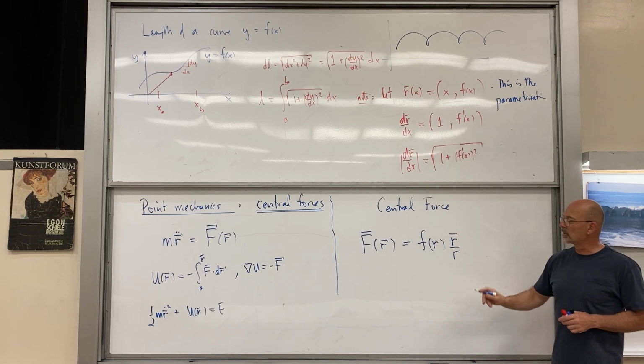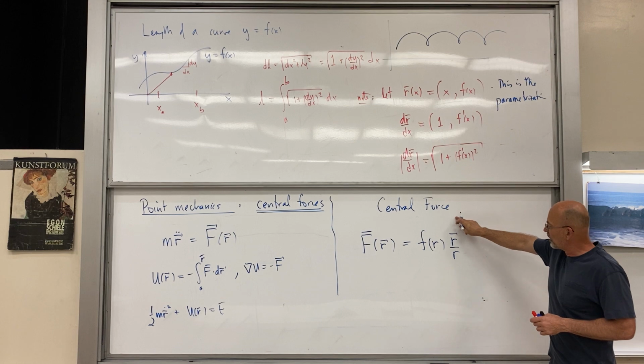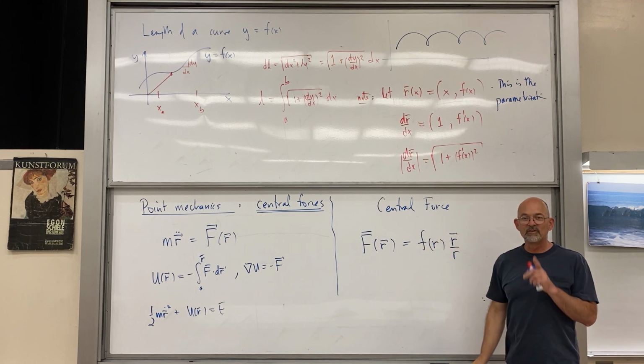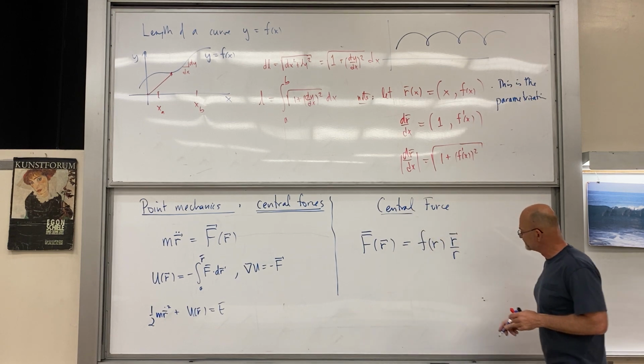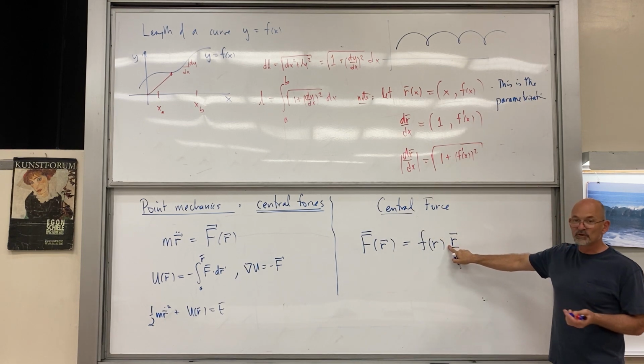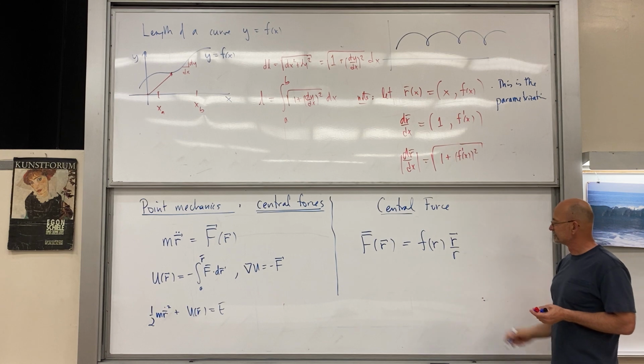So this is a force that's oriented away or towards the center, and the center here is our origin. And this is, of course, just a vector that's directed away from the origin.